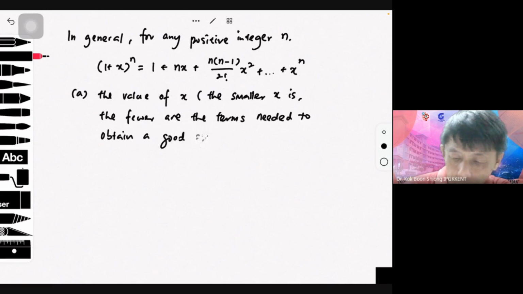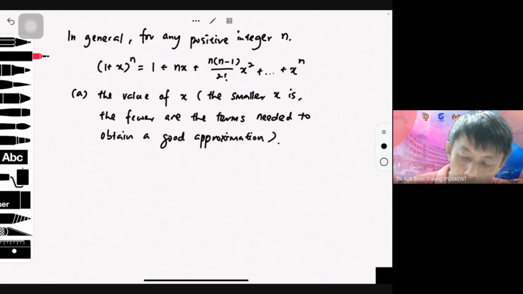Actually, we are doing approximations. So in order to get a very close approximation, usually we need x to have a smaller value. The smaller the value, the better.